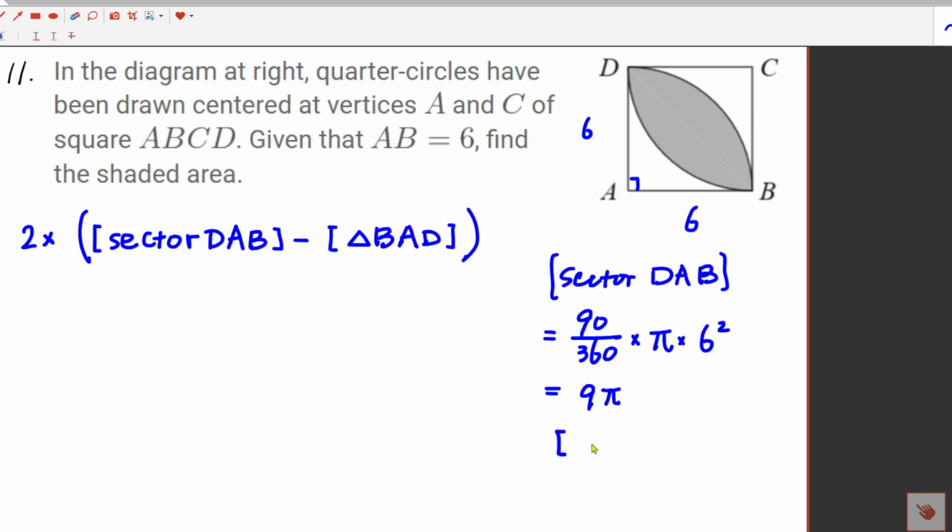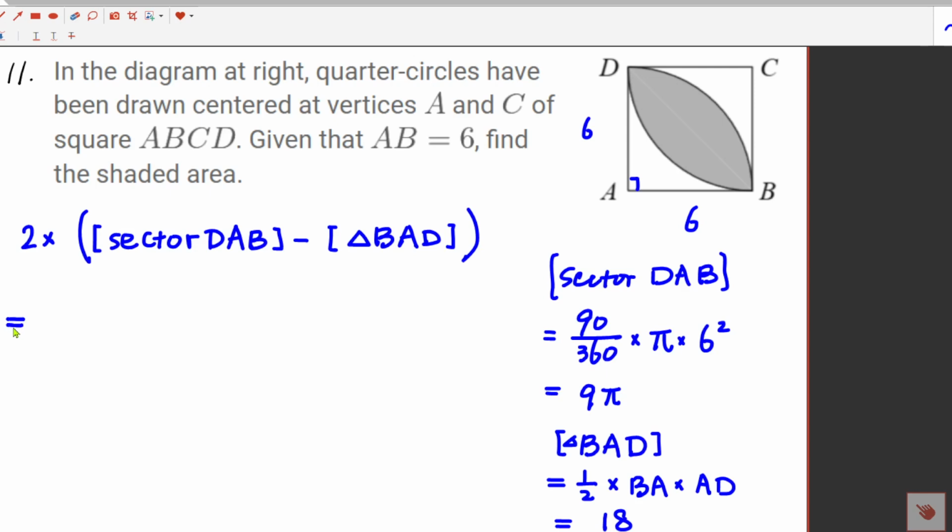And also we can easily find the area of triangle BAD, which is 1/2 of BA times AD, right? And this gives us 18.